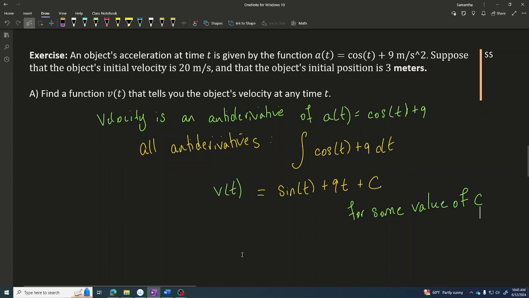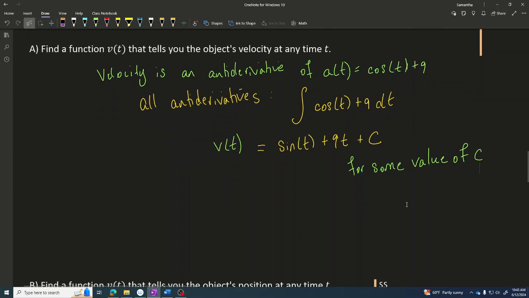Now, do you have any ideas? Of all the information in the question, can you think of any piece of data in this problem that might help us to find the specific value of c that corresponds to this one particular antiderivative of this function?